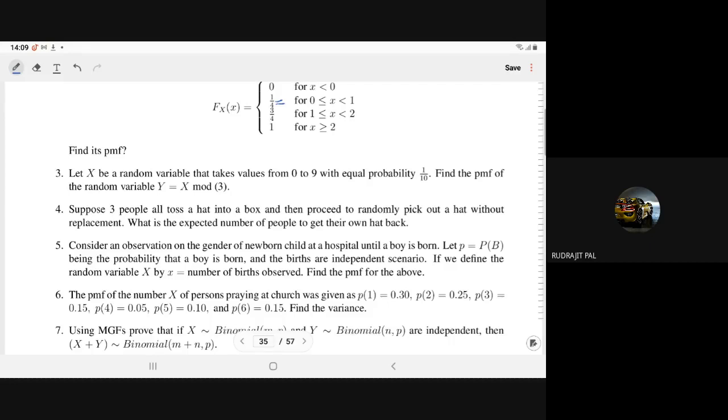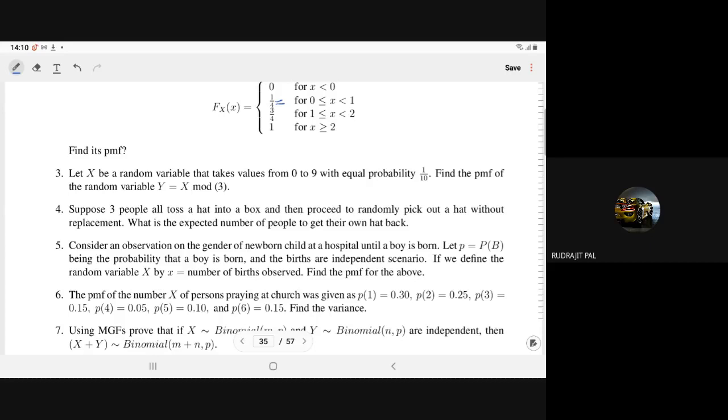Suppose question number 4. Suppose three people all toss a hat into a box and then proceed to randomly pick out a hat without replacement. So here the sampling is without replacement. Without replacement means you select, choose, and keep aside, so as to avoid reselection.